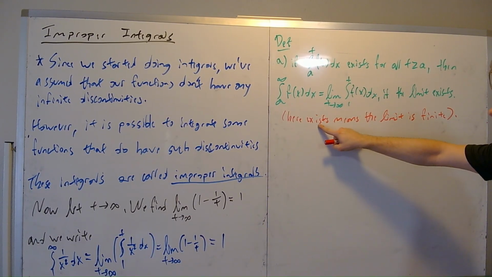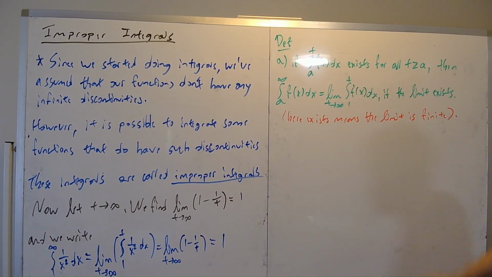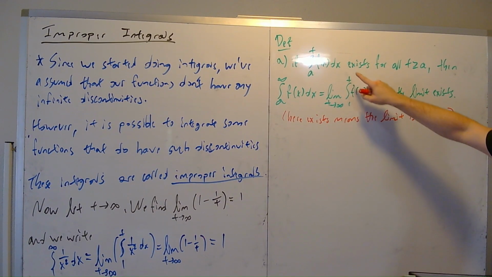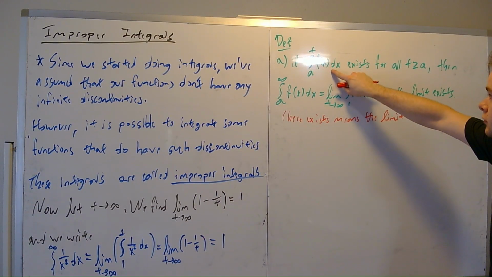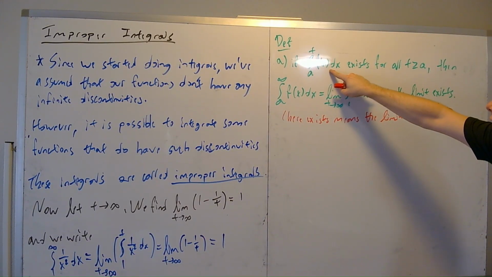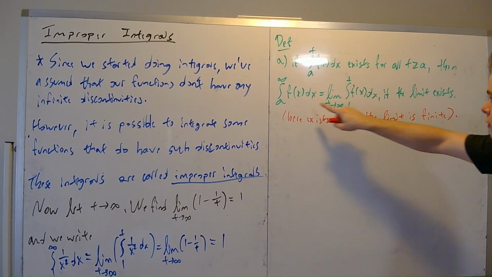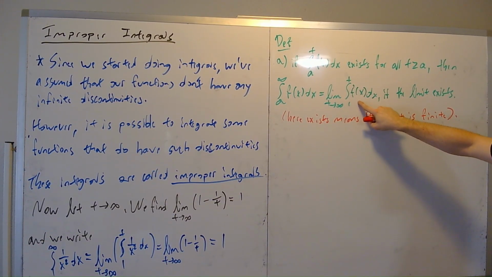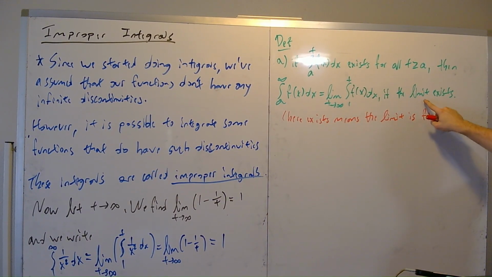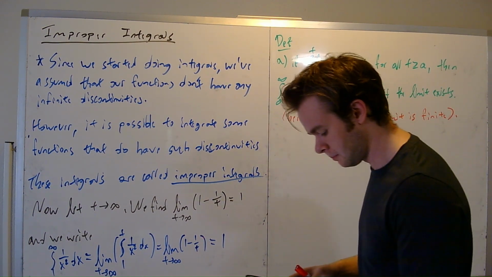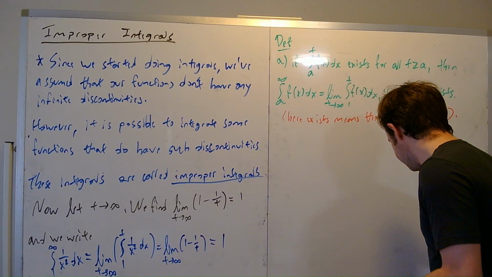Whenever we say exists in this section, we mean, of course, that it exists, but also, more strictly, that the limit is also finite. So it's saying if this integral exists and is finite for all of these values, then this integral is equal to this limit of this other integral, as long as this limit exists and is finite. Okay, so that's part A.